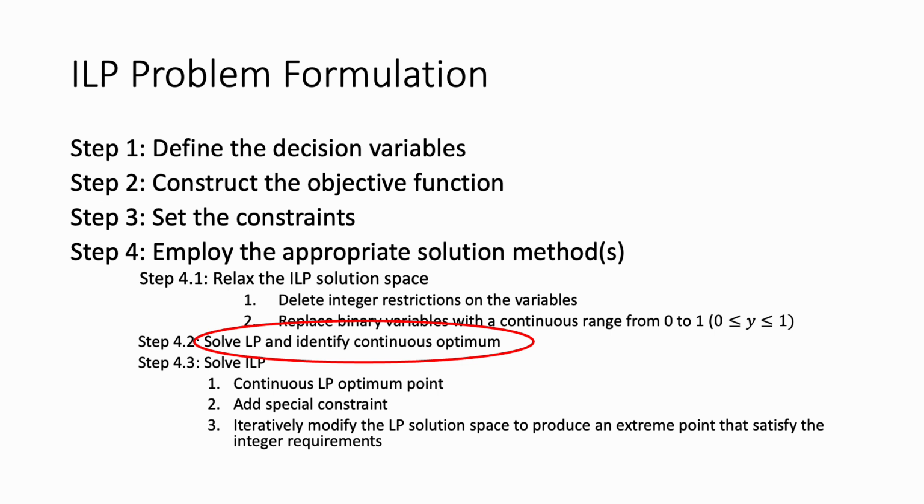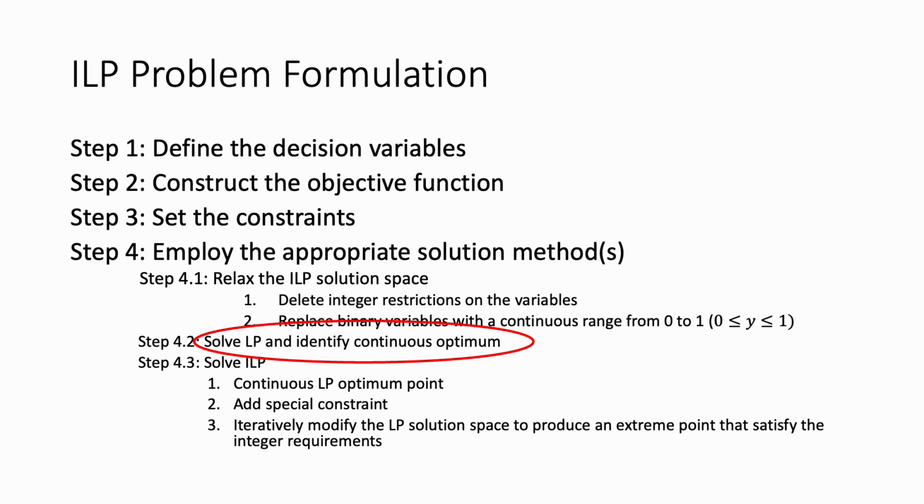And then after we relax it, we solve the LP, the linear programming problem, and the optimal solution of which provides a lower or upper bound for the true integral solution.